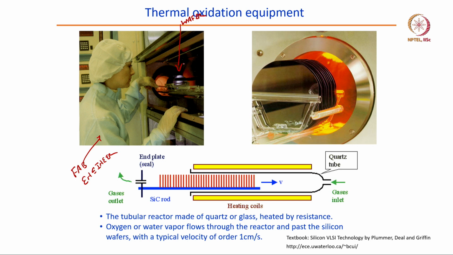This is a magnified view here, you can see very clearly how wafers are loaded into the furnace. And as we know, it can be quartz because it has a very high melting point. A silicon rod is used to push the wafers into the furnace. The way it is loaded is approximately 1 centimeter per second, it is pushed inside the furnace.